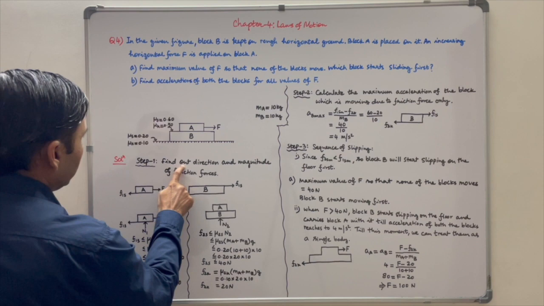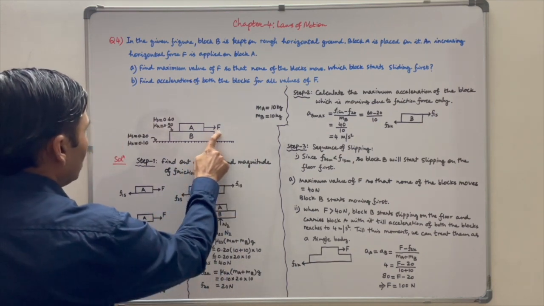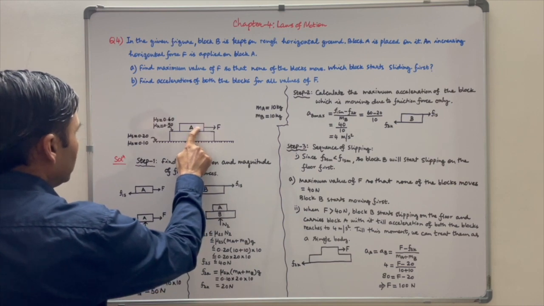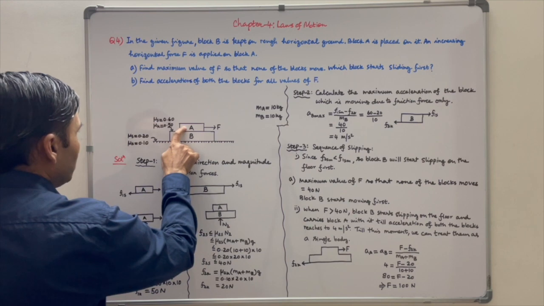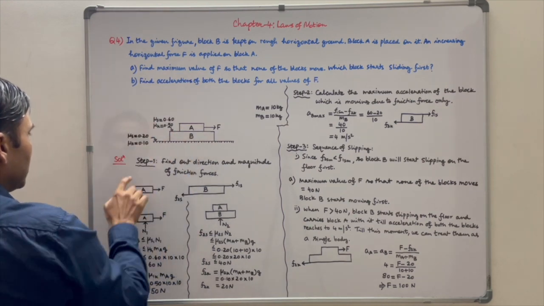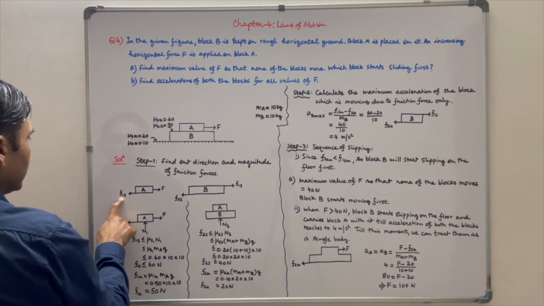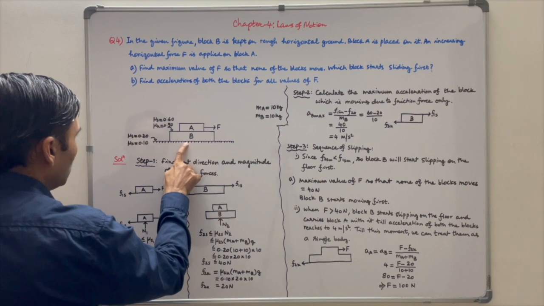First step, find out direction and magnitude of friction forces. Force F is applied on block A. So block A will move in forward direction. A friction force will be applied on block A by block B in opposite direction. It is represented by F1s. Let us say this is contact surface 1 and this is contact surface 2.